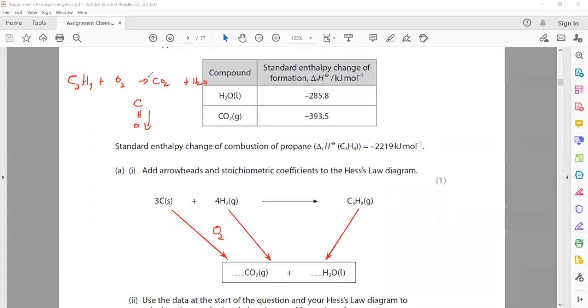Carbon 3, so we put 3, carbon is balanced. Hydrogen, we have 8, 2 are already there, so we put 4, 4 multiplied by 2 makes 8. And what about oxygen? 3 multiplied by 2 is 6, plus 4, that is 10. So we need 10 oxygen, so we'll write 5 O2. For both equations, we'll have 5 O2, and here the coefficient will be 3, and here the coefficient will be 4.